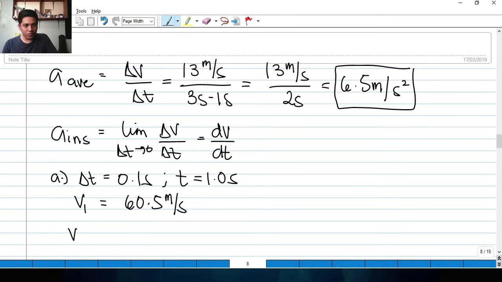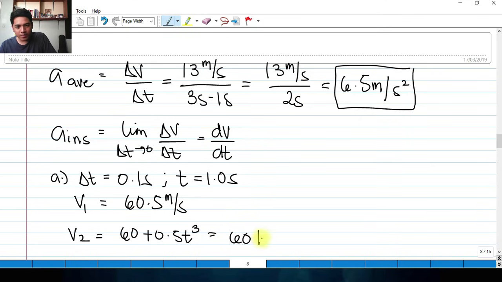So our V2 is again what? From our given, we have 60 plus 0.5 t cubed. So at time t equals 1 second plus 0.1, that is 1.1.